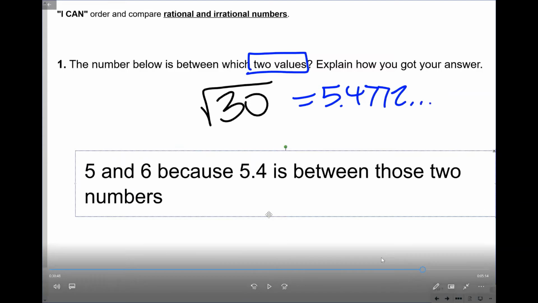I said this a little backwards: 5.4 is between 5 and 6. So that is your answer. It wouldn't be 4 and 5, because 5.4 is not between those numbers. It wouldn't be 6 and 7, because 5.4 is not between those numbers. 5 and 6 is, because 5.4 is between 5 and 6.